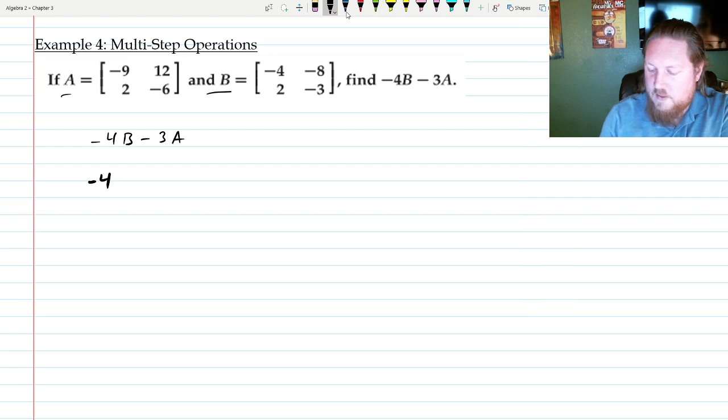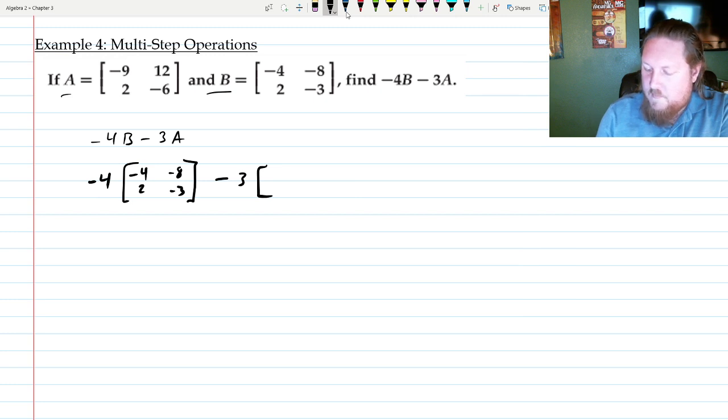And matrix B is negative 4, 2, and negative 8, negative 3, read by columns. Subtract 3. It's really hard for me to not write it on the line there. Negative 3 times the matrix A, which is negative 9, 2, 12, negative 6, read by columns.